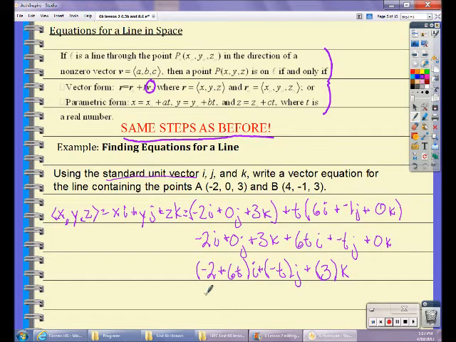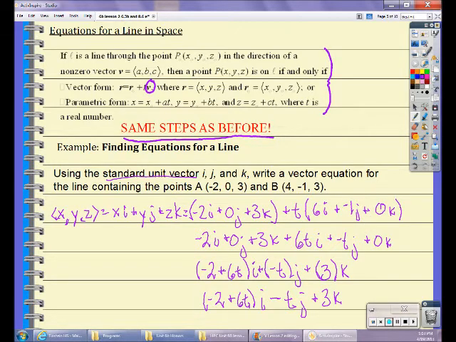If you wanted to simplify that a little bit more, you could get rid of some of those parentheses by making it subtract tj and add just 3k. And that is in standard unit vector form.